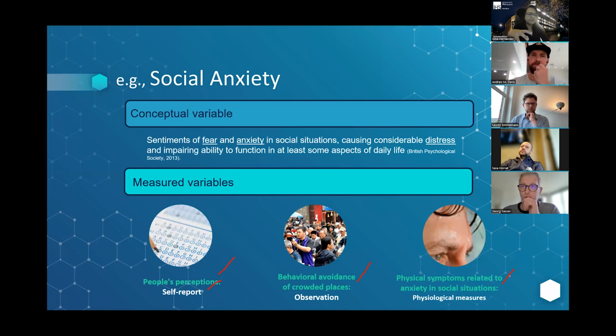So my recommendation is to use different methods in order to assess the same construct, so that you can be sure that you are assessing the abstract concept that you are trying to grasp, okay? So the way it works in psychology is first with an abstract concept, like let's say psychological flexibility. First, we need to determine what it is, so the concept, and then we have to determine how we can measure it.